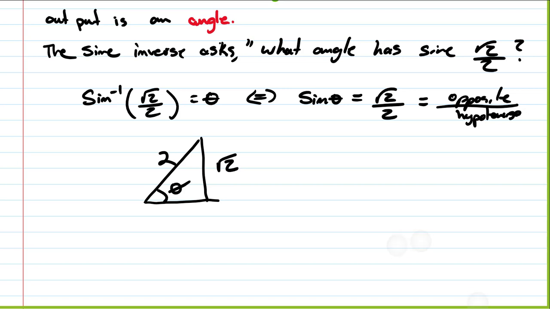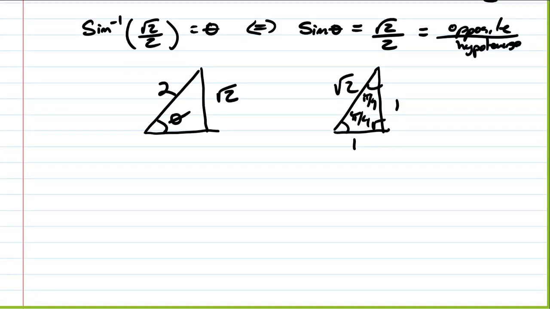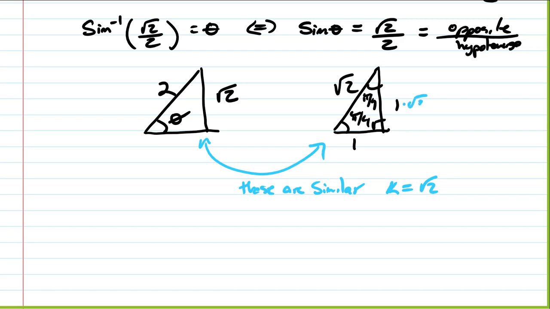So we think of our special triangles, and we have one that's 1, 1, square root of 2, and we know in this triangle the angles are pi over 4, pi over 4, and 90 degrees. These two triangles are similar, and our stretch factor is the square root of 2, because if I multiply each side by the square root of 2, I would get exactly this triangle.